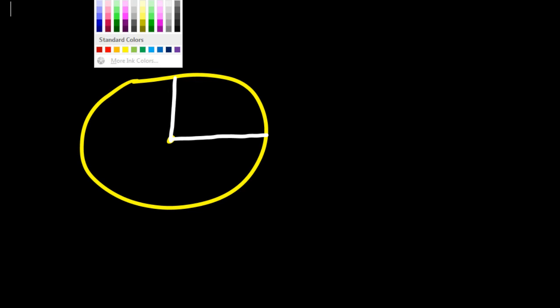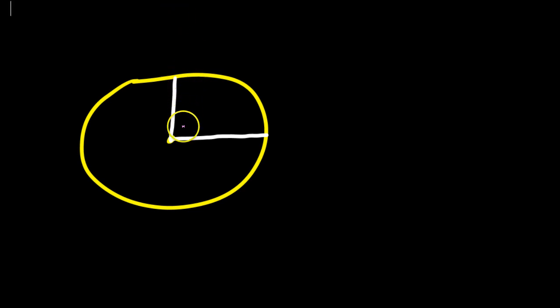If you have a central angle, meaning an angle whose vertex is at the center of the circle, the angle is going to be the same measure as the intercepted arc. So let's say that this is an 80-degree angle. Well, this is the intercepted arc, and it is also 80 degrees.